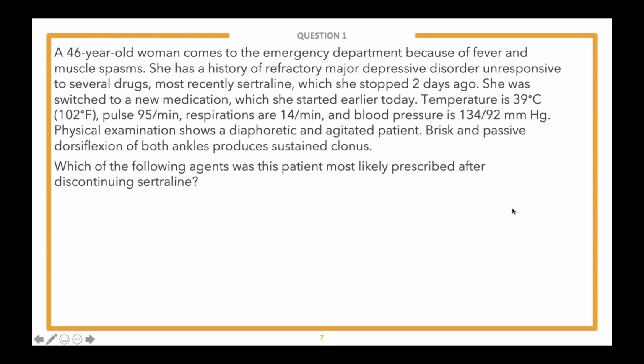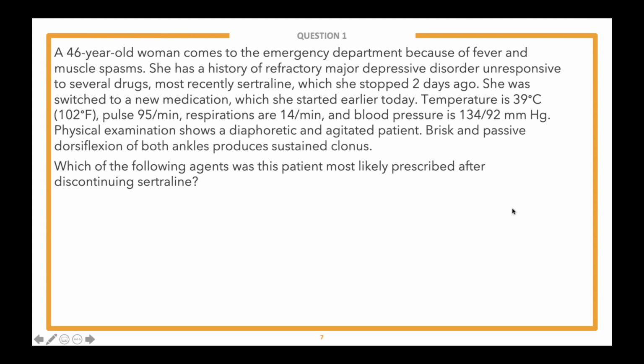A 46-year-old woman comes to the emergency department because of fever and muscle spasms. She has a history of refractory major depressive disorder, unresponsive to several drugs, most recently sertraline, which she stopped 2 days ago. She was switched to a new medication, which she started earlier today. Temperature is 39 degrees Celsius or 102 Fahrenheit.